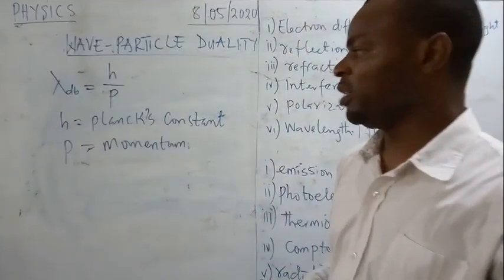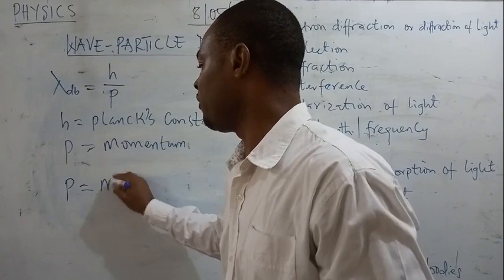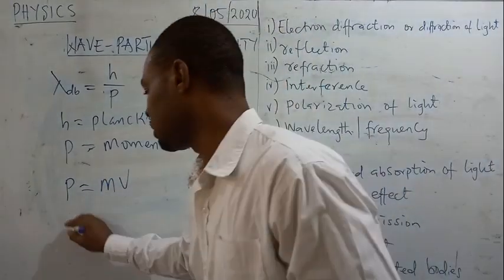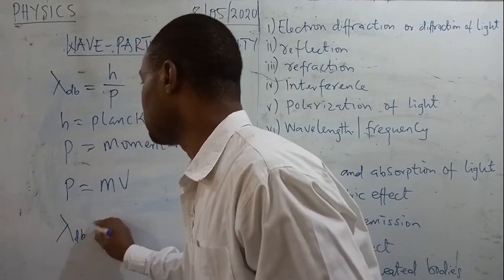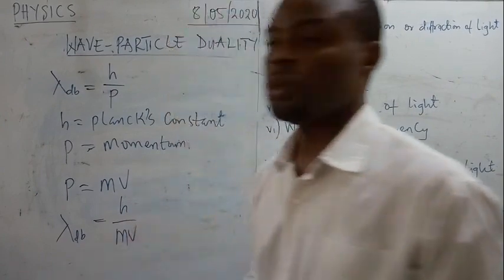Since momentum is mathematically expressed as p is equal to mv, this de Broglie's wavelength can also be written as lambda dB is equal to h all over mv.